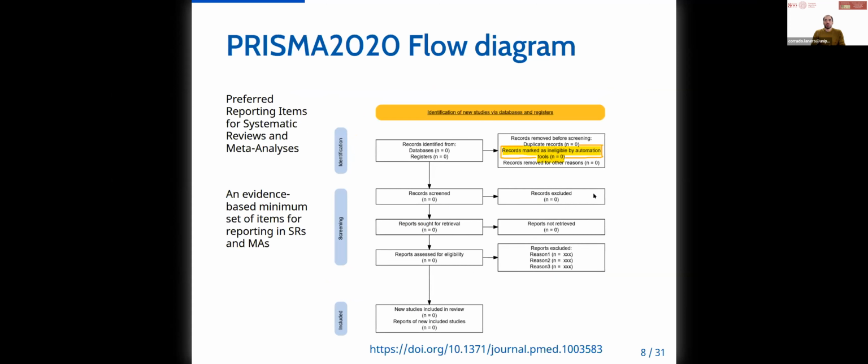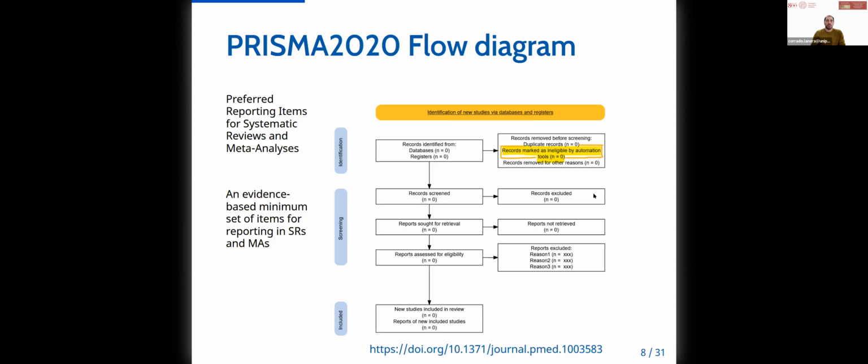So among all of this process, you can keep track of your findings and of what you exclude and include, and you should follow the PRISMA flow diagram, that is the Preferred Reporting Items for Systematic Reviews and Meta-Analyses.